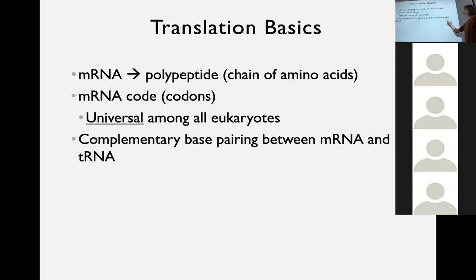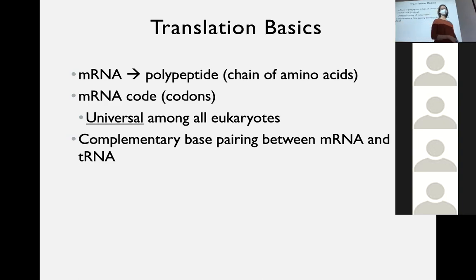And then we still have complementary base pairing. You're familiar with that idea where you're matching up letters that complement each other, right? Like we just did. The A, the T, the A, the U, the C, and the G. But now we're going between that mRNA that we made with transcription and a whole new kind of RNA, which is called tRNA, or transfer RNA.